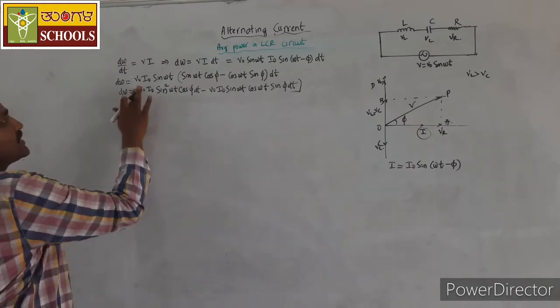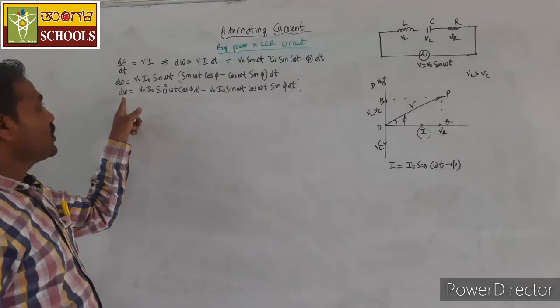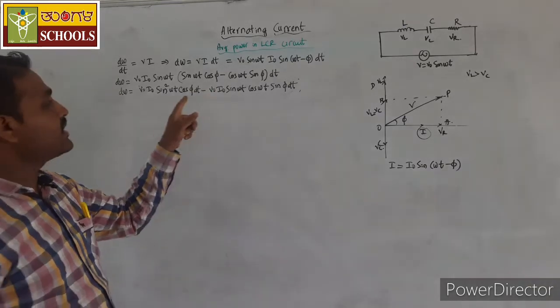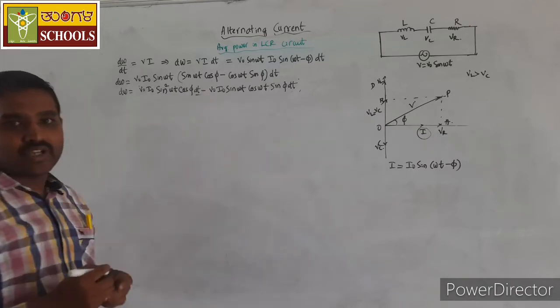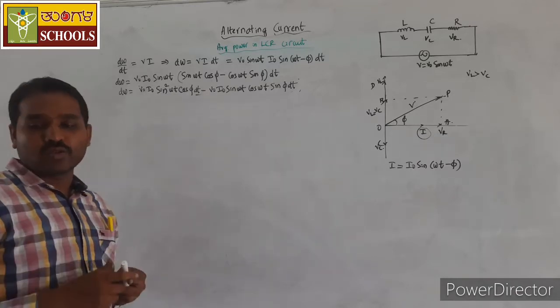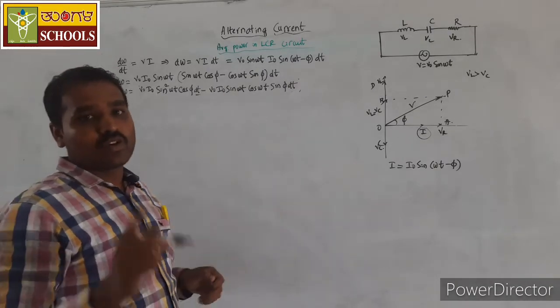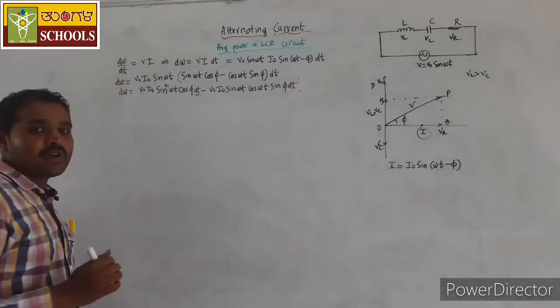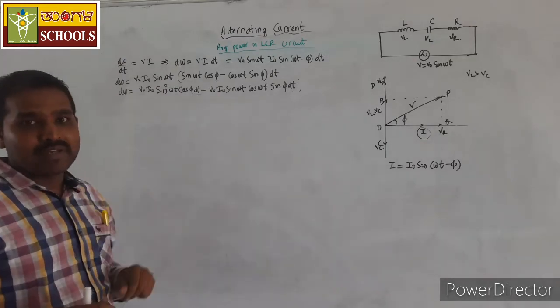So this is the simplified form here. This is the work done to maintain the current through the circuit for a very small duration of time dt. To get the total work done to maintain the current through the circuit for one complete cycle, that can be obtained by integrating this over one complete cycle.